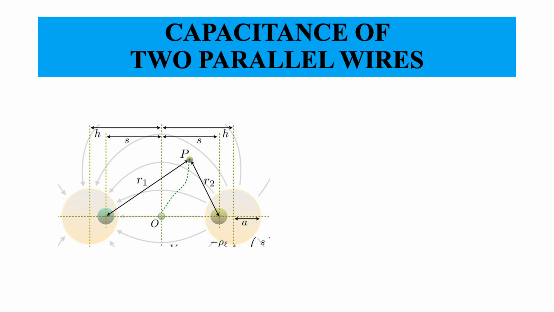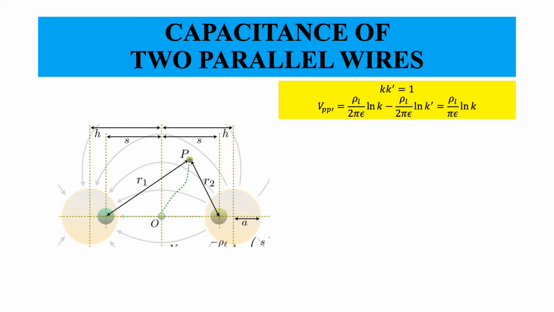And you can show that K into K prime is equal to 1. So going back to potential, the potential between point P on the conductor with positive charge density and the conductor with negative charge density, that is P prime. From this relationship you get K equals 1 by K bar.